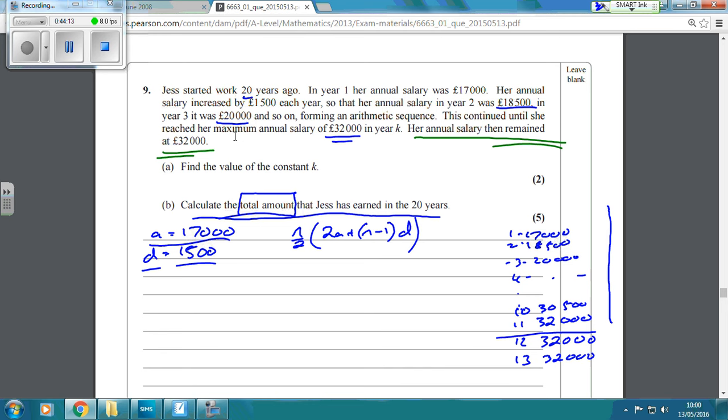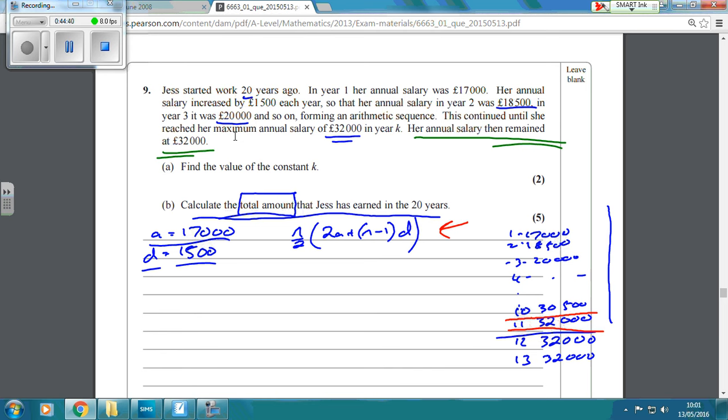We can either add up what she got in the first 10 years using this formula, then add on the 11th, 12th up to the 20th year, and then add those together. Or we can work out what she got in the first 11 years, because that's still an arithmetic sequence, and then work out what she got in the 12th, 13th, 14th, all the way up to the 20th year.